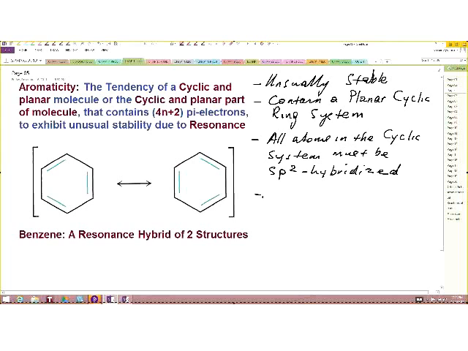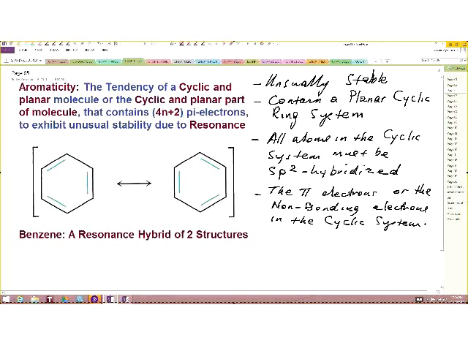4. The pi electrons or the non-bonding electrons in the cyclic system must be capable of delocalization.